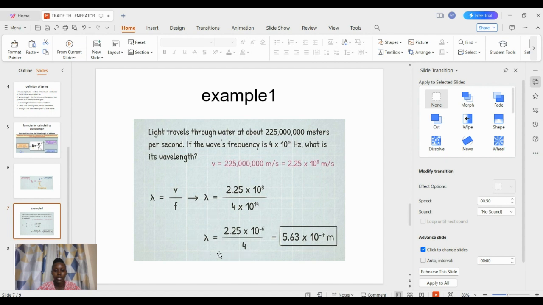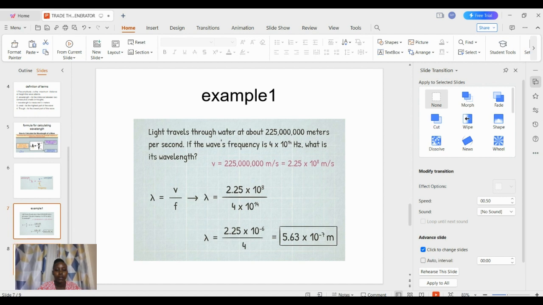Let's check our calculators. If you divide, you're going to get your wavelength as 5.63 multiplied by 10 raised to negative 7 meters. I hope you have understood that.